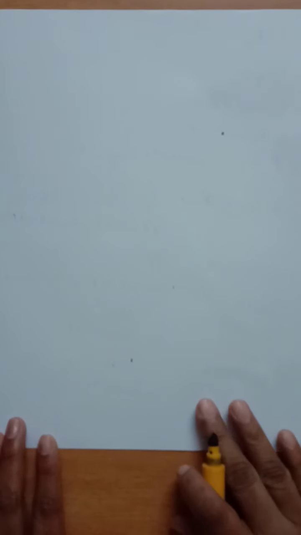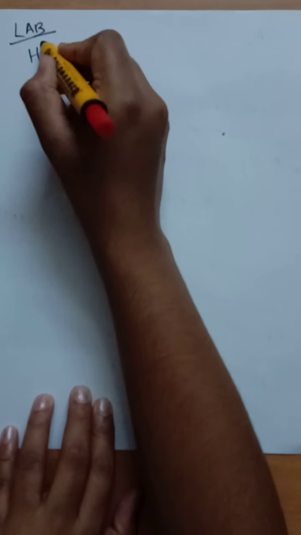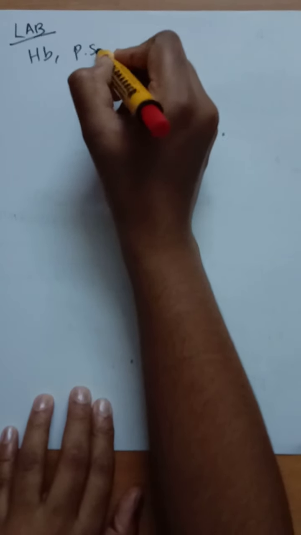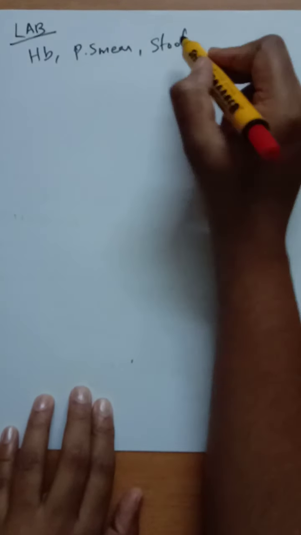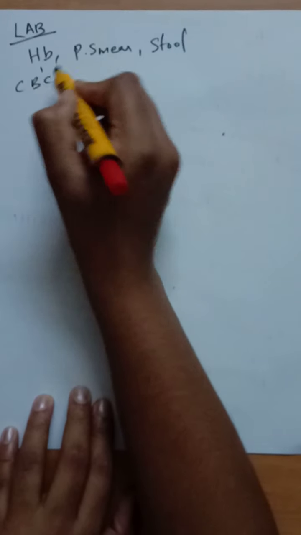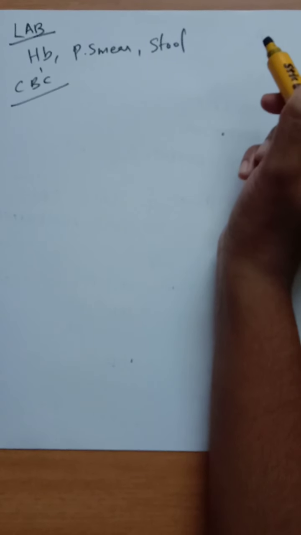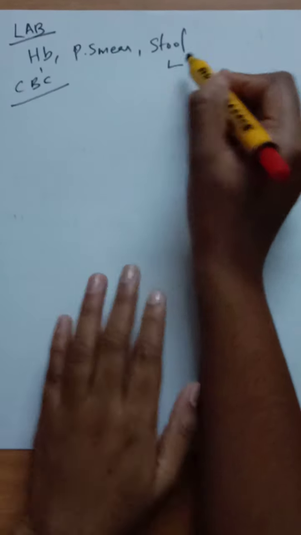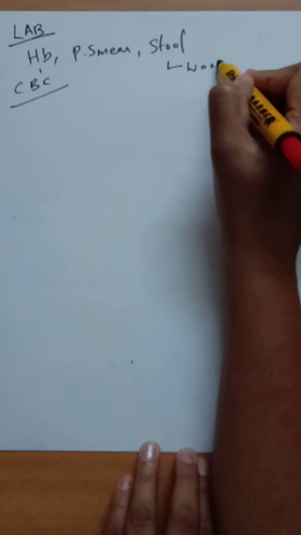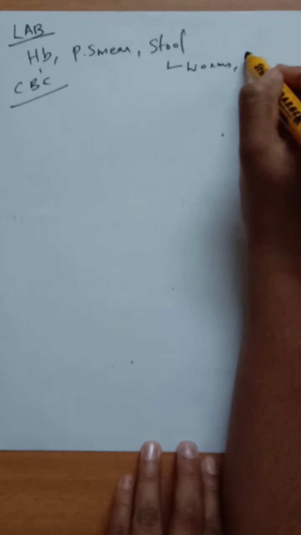Next, about lab diagnosis. So in primary care we have to do basic investigations. They are HB, peripheral smear, and stool examination. HB in CBC or blood routine we will get, peripheral smear, and stool examination for worms or stool occult blood.